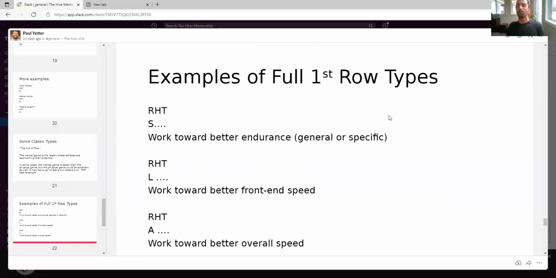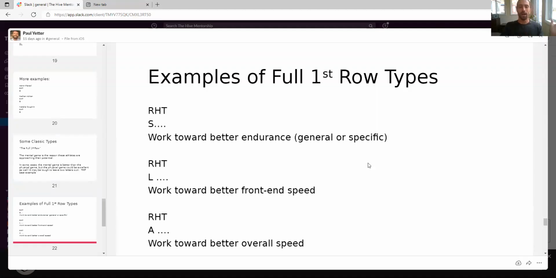So you've got a couple different types. And this is where it starts to get kind of interesting in terms of how you write down the letters in the two rows. And it'll get more interesting, I think, as we go through the next few minutes. So an example of some first full row types: you've got the first full row, and then you've got an S. Now, these athletes in general need to work towards better endurance, general endurance or specific racing endurance.